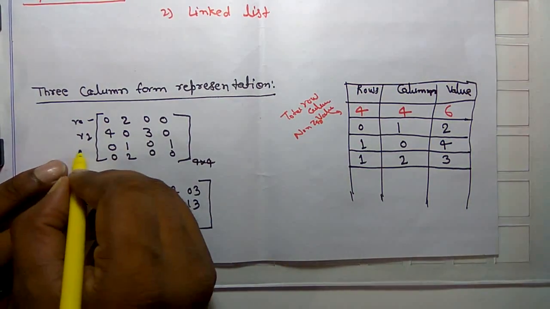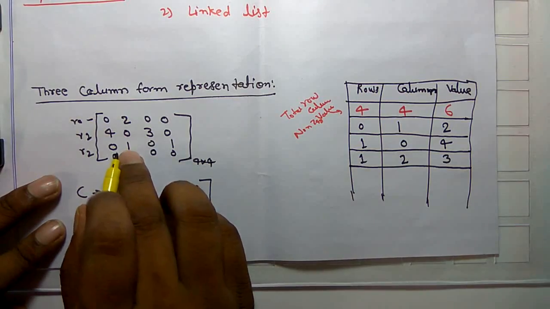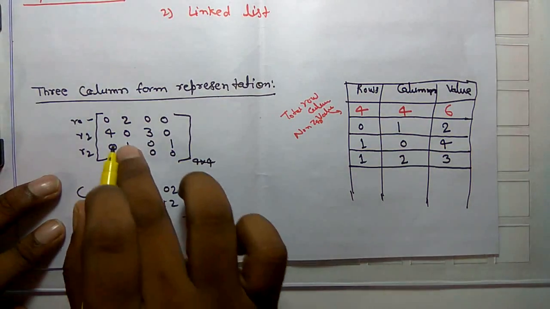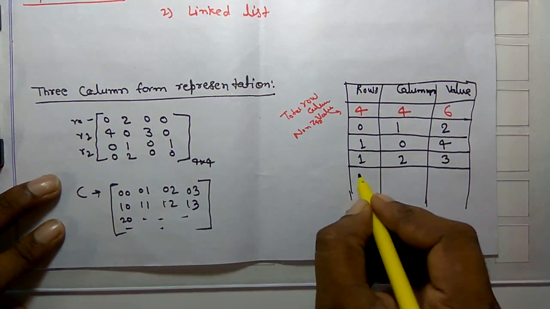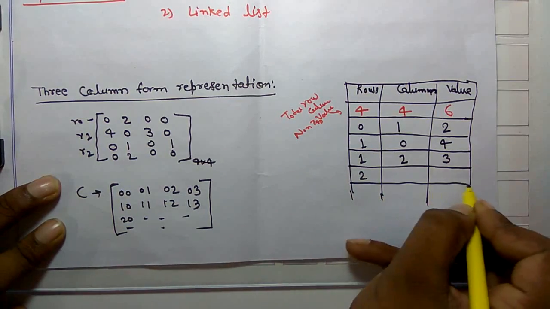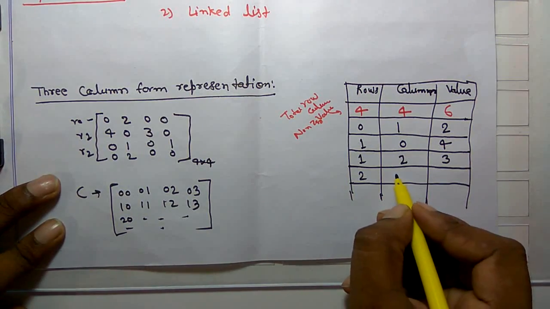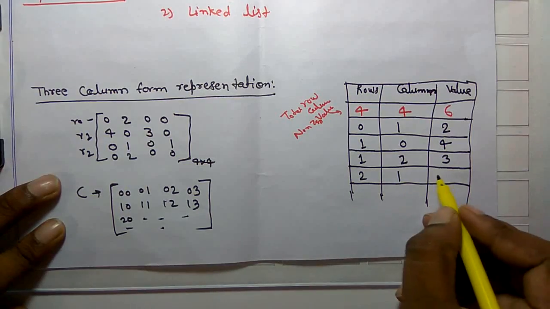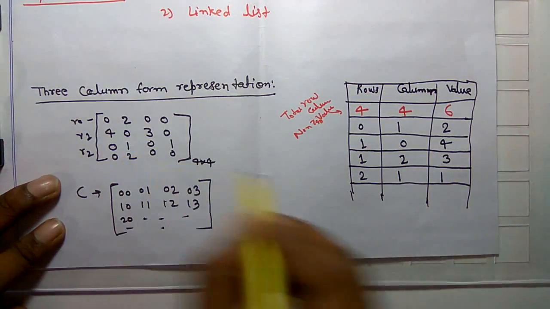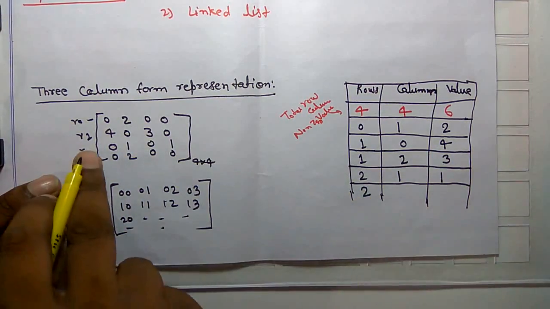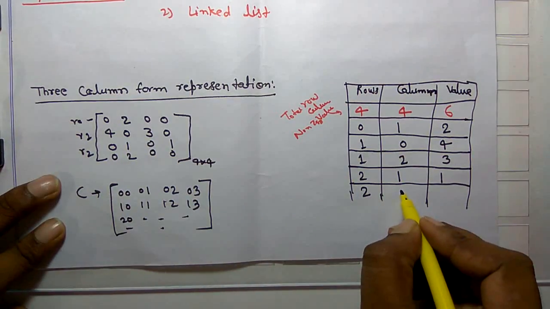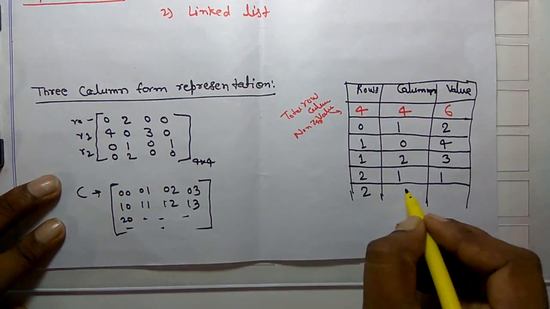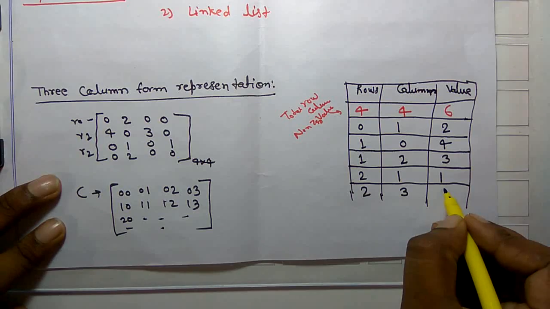For R2, values exist at columns 1 and 3: at column 1 the value is 1, and again in the same row at column 3, the value is 1.